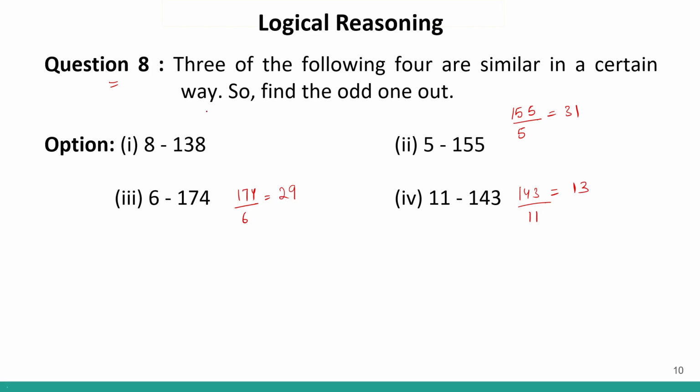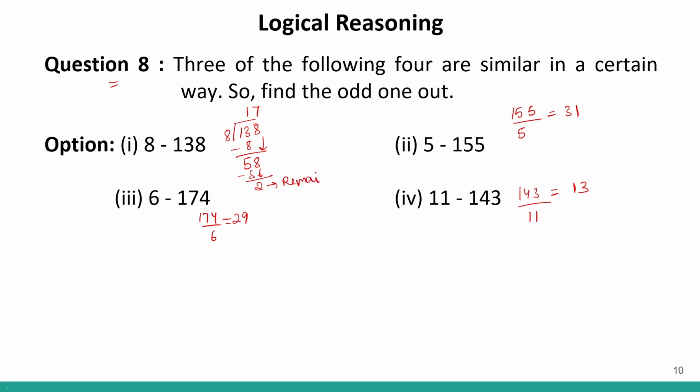Correct? But when I look over here 138, if I divide it by 8, okay, 8 1 times will give me 8. I'll get 5 and I'll get 8. Correct? And 8 7 times will give me 56. So I'll get 2 as the remainder.